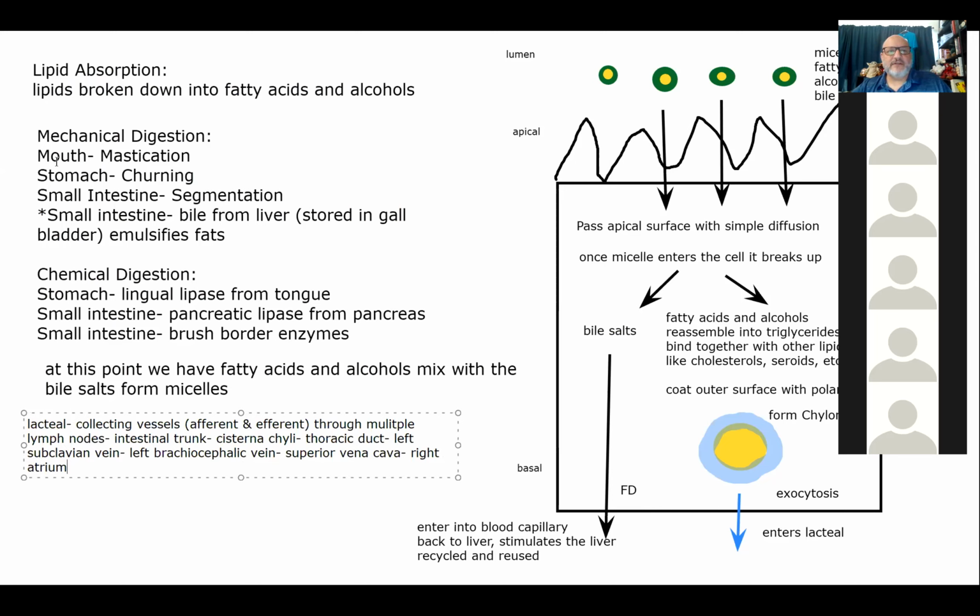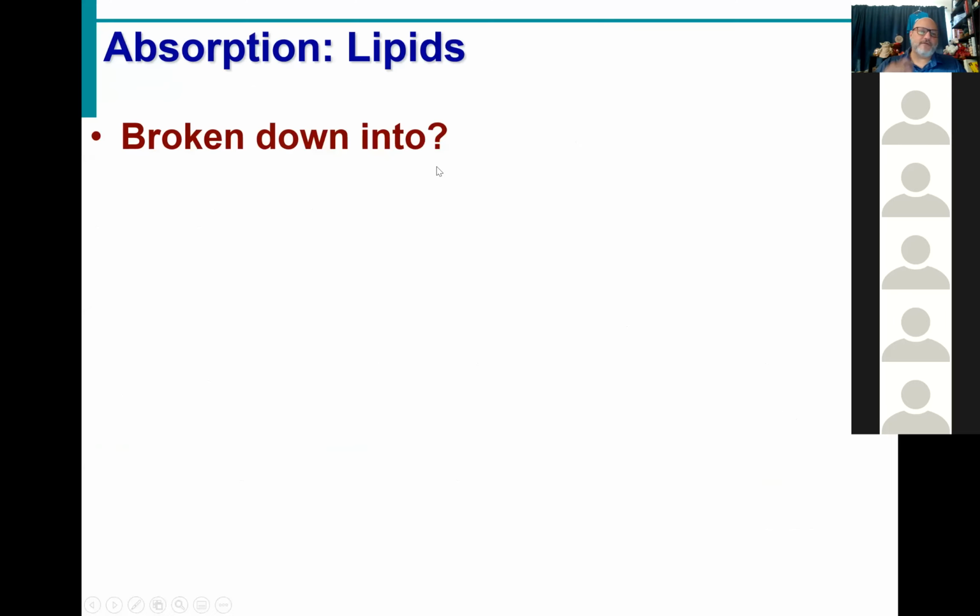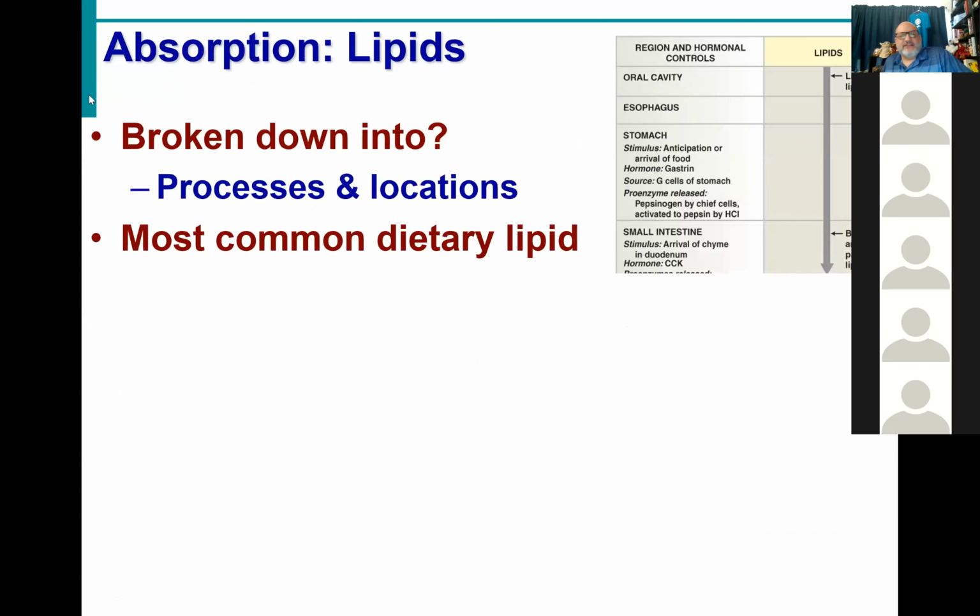All right, excellent. Let's take a look at the pretty pictures from your textbook that do an almost perfect job of showing this as well. So again, here we see those examples of how it's broken down. Lingual lipase is released in the oral cavity, becomes active in the stomach. Our bile salts chemically, mechanically, our pancreatic lipases chemically break it down.